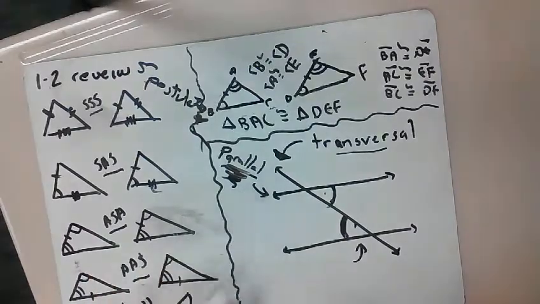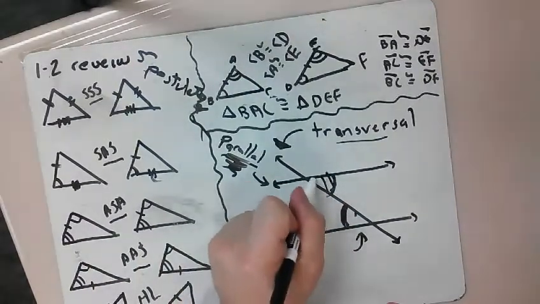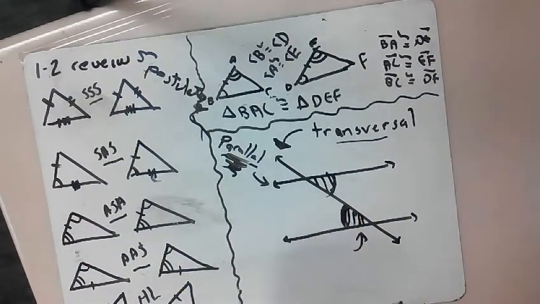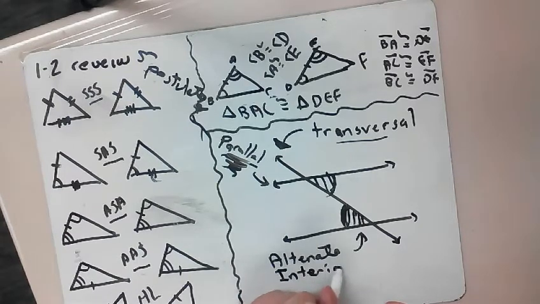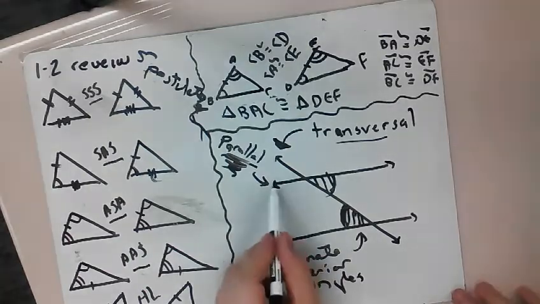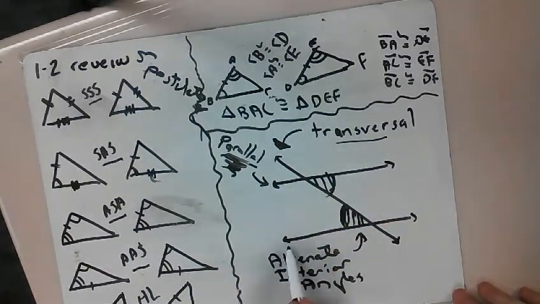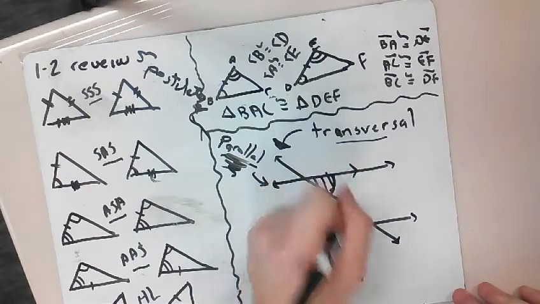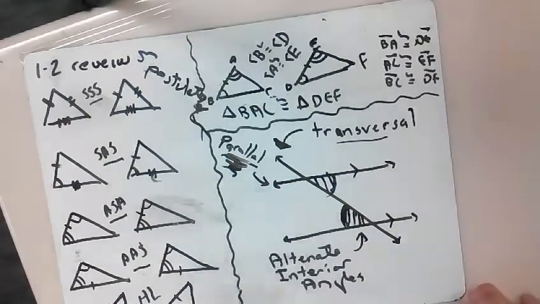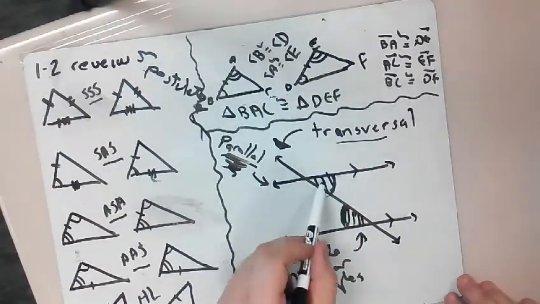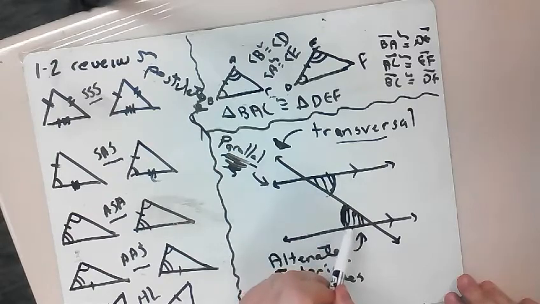Inside every set of parallel lines exist these angles, and these angles are called alternate interior angles. You need to make the association that when you see parallel lines, sometimes marked with an arrow, you're going to have alternate interior angles.